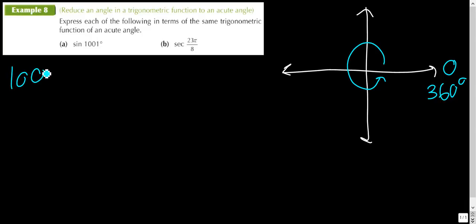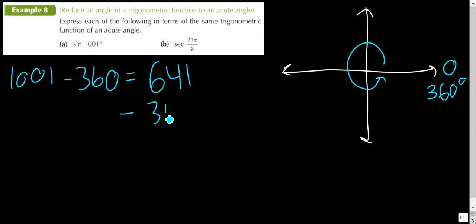So we take 1001 and we take 360 away. Well, 1001 minus 360 is, let's see, 641 degrees. That's too big. We take away 360 again. This is going to be 281 degrees. So we're there. So we know that we're at 281 degrees.